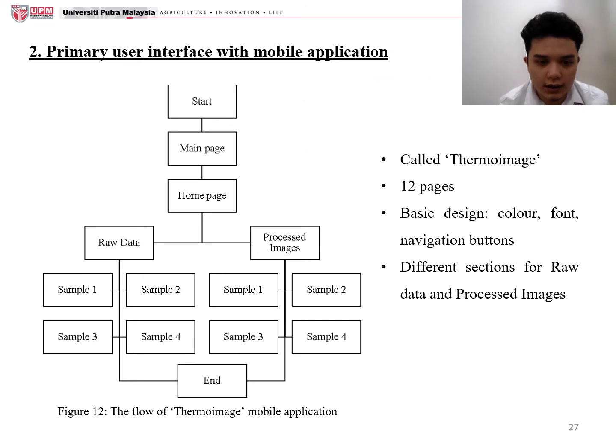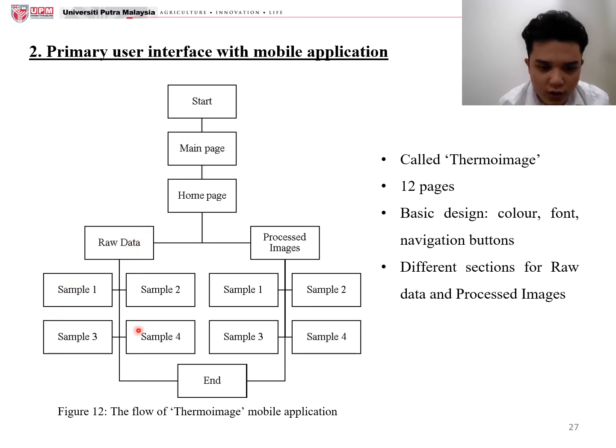Alright, and next, after the post-processing, we begin with the mobile application. So here is the flow of the thermal image mobile application. Thermal Image is the name of the app that I named. When we begin with the app, we can see the main page, the home page, and then the raw data.